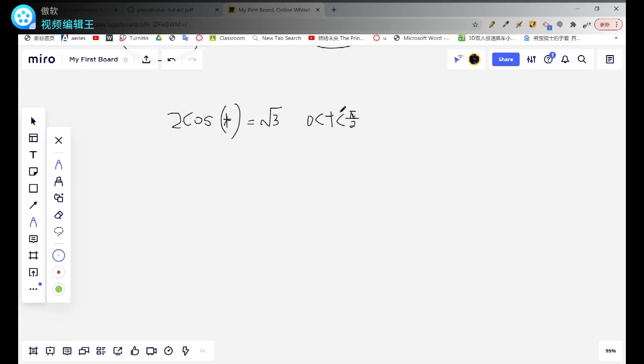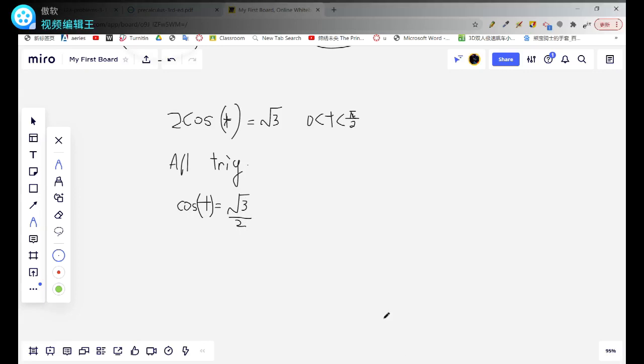Then when you find all the trigonometric representations, we get cosine of t is equal to root 3 over 2. I have to close something, sorry.